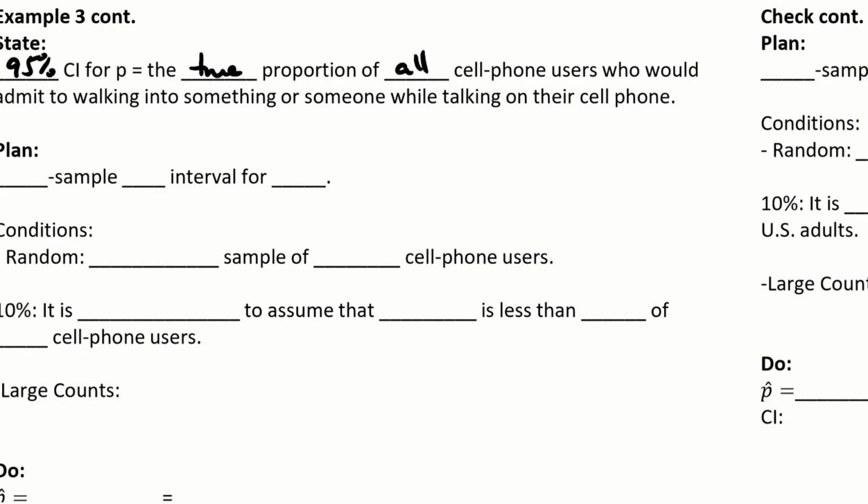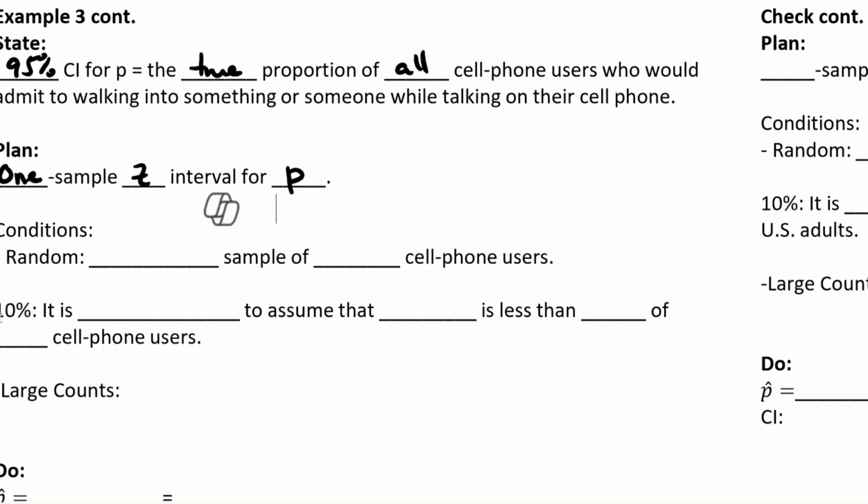Now, the plan is to do a 1-sample Z interval for P. After this, we're going to show you how to do all the calculations using the TI-84. But we're going to do the calculations, write them out first before we show you that. So we're doing a 1-sample Z interval for P.